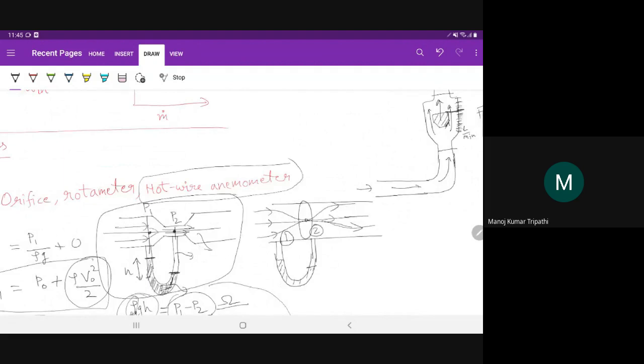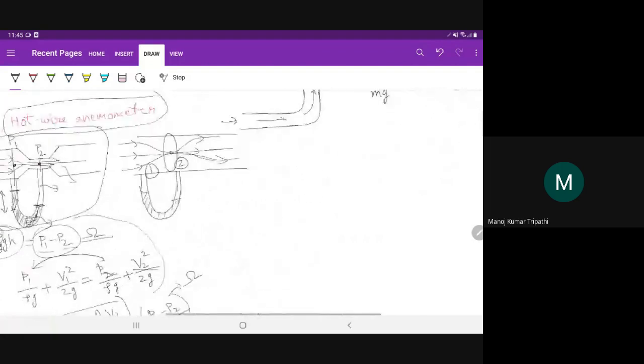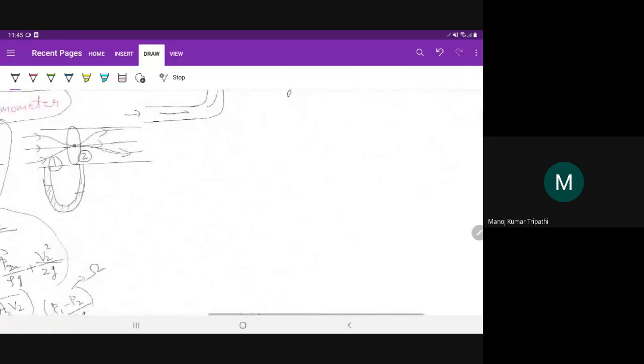Then comes hot wire anemometer. Here, how do we measure the fluid's velocity? You have two electrodes, you can call it. In between them, you have a wire, a tungsten wire or some other kind of wire, which is heated.